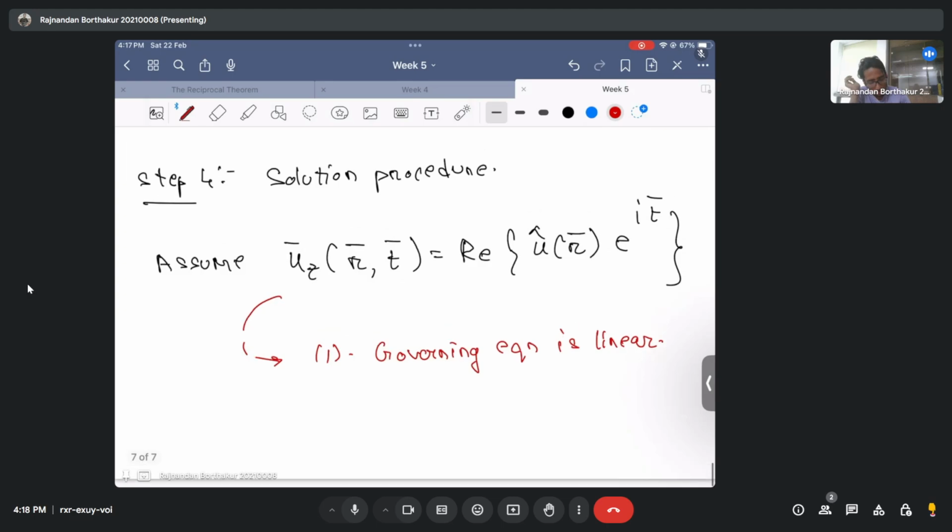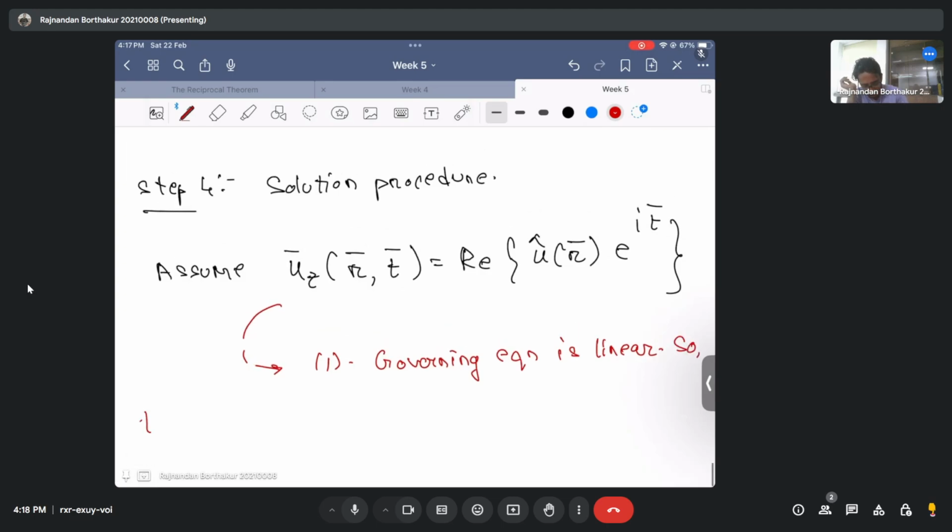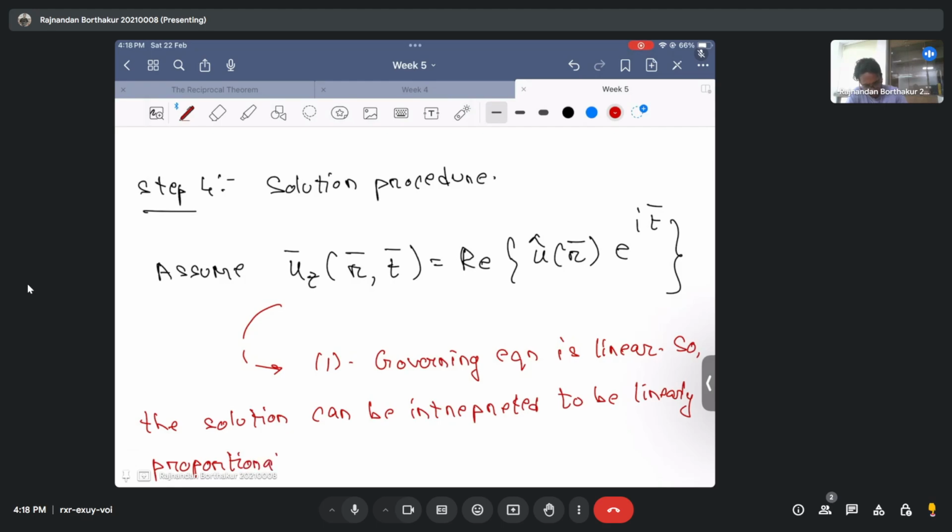Since the governing equation is linear, the solution can be interpreted to be linearly proportional to e power i t bar. And that's one of the prime reasons why you can assume this form of solution. If there are non-linear equations, we cannot use this form of the solution. Okay, so that's the first thing.